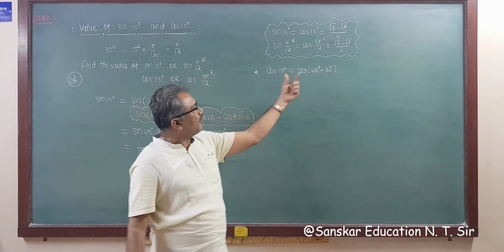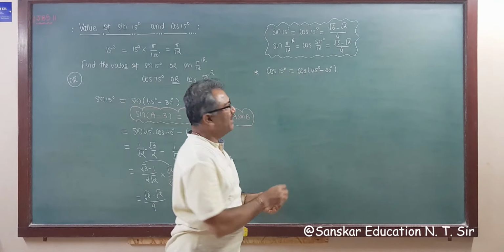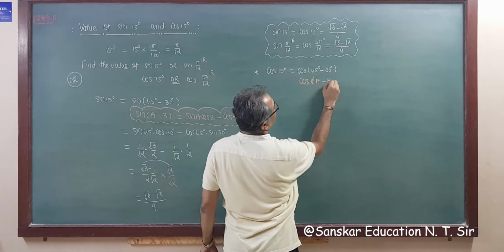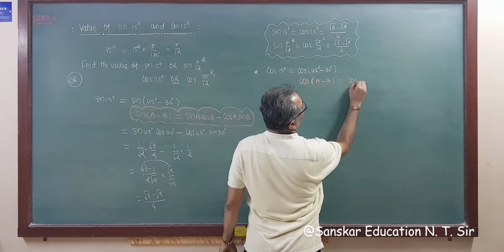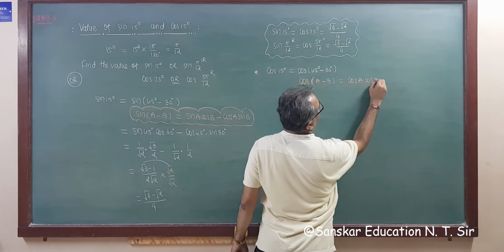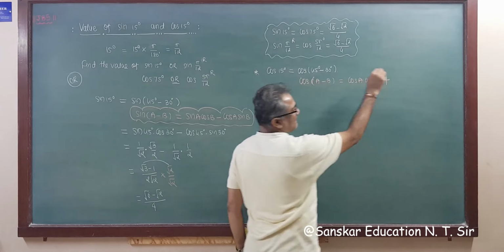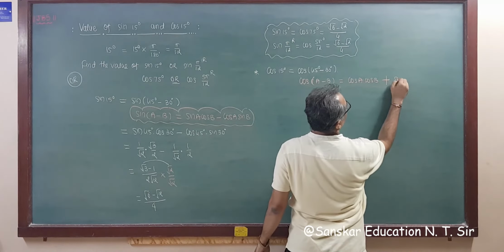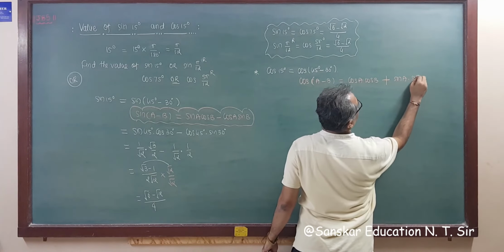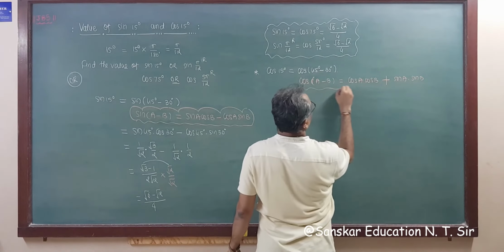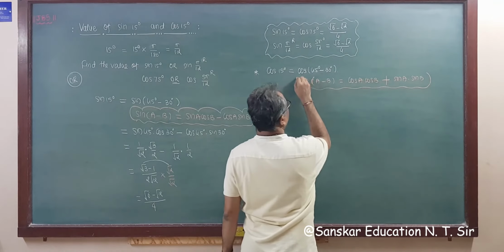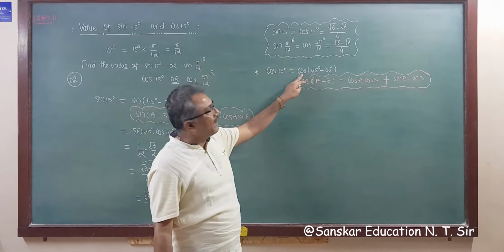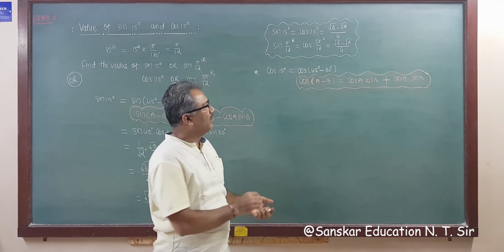Now this is the formula for cos A minus B. So the formula of cos A minus B is equal to cos A cos B, if minus then plus, sin A sin B. Applying this formula here, what we get?